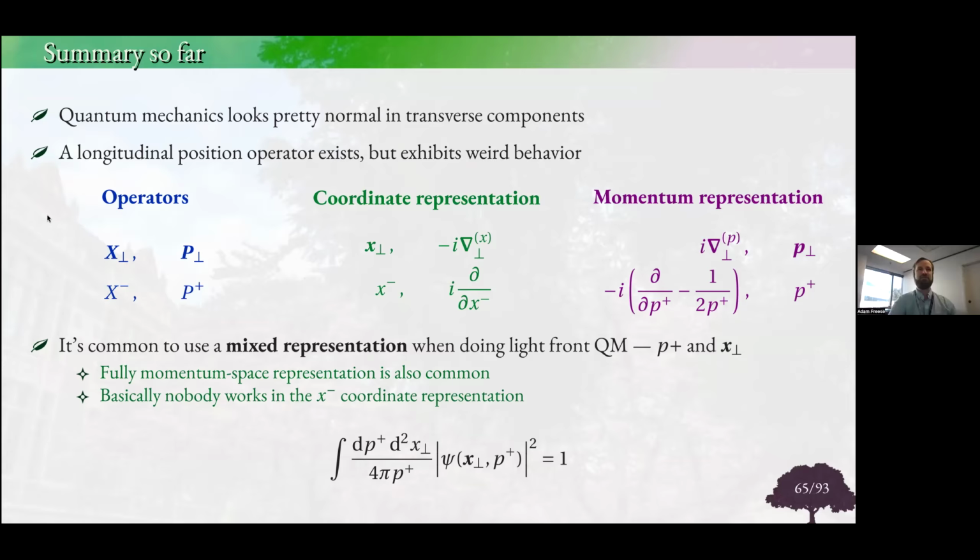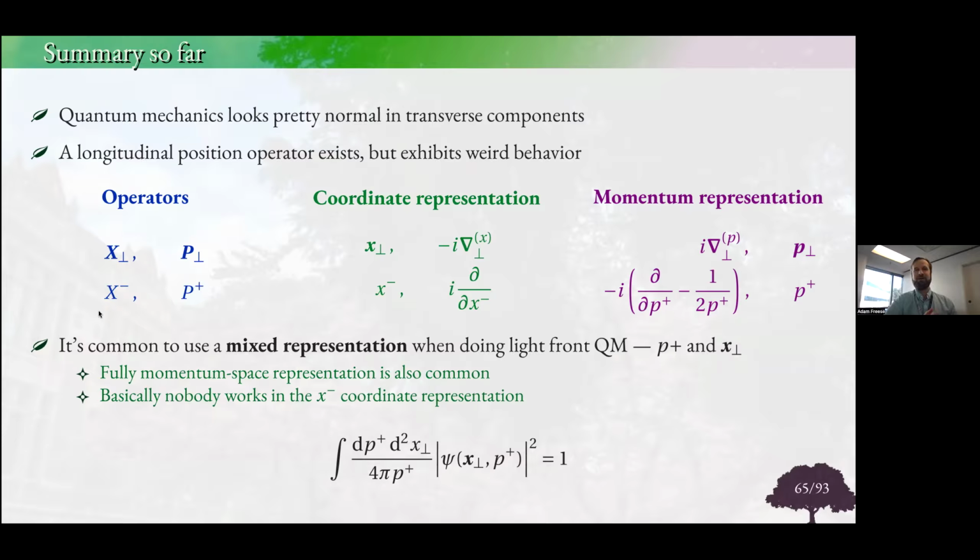You have transverse position and momentum operators that, in the coordinate representation, give you basically c-number valued transverse components and minus i times a transverse gradient. And in the momentum representation, your position operator becomes a gradient with respect to momentum. Your momentum operator, of course, just becomes momentum.